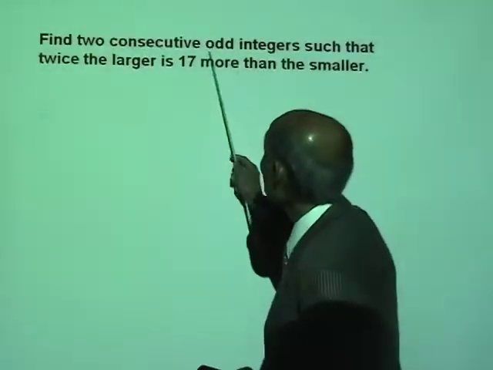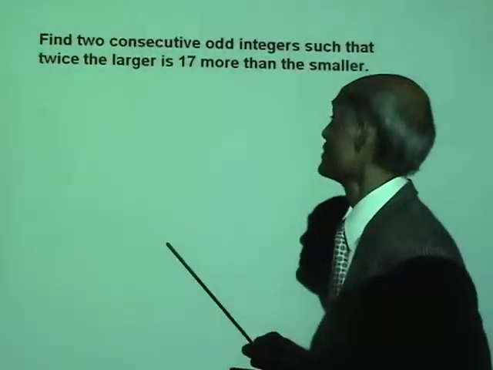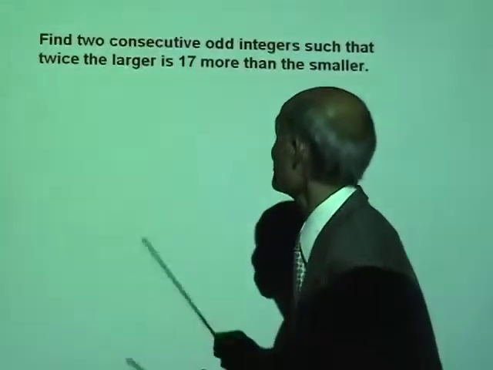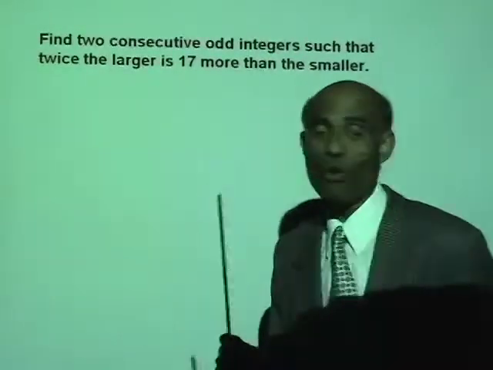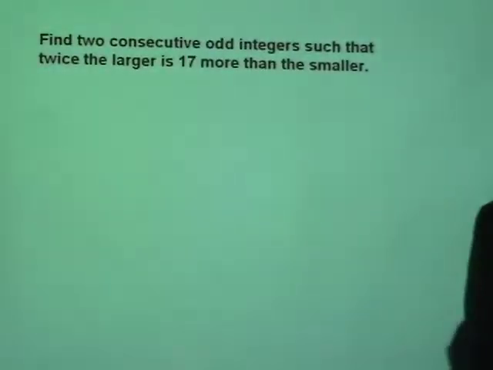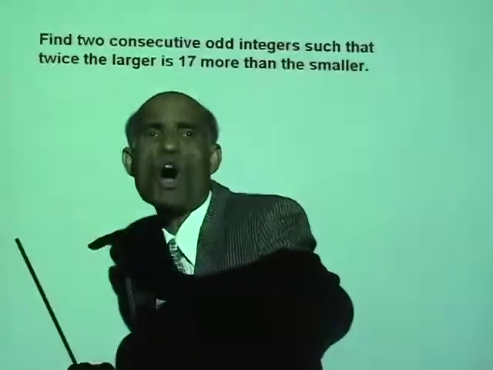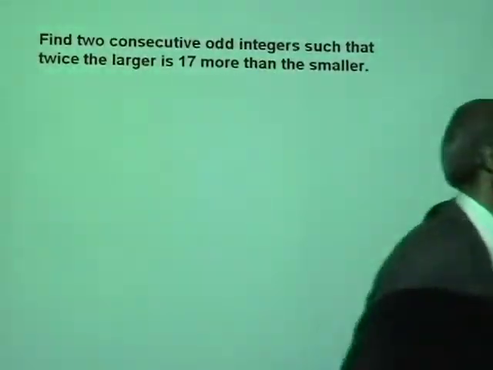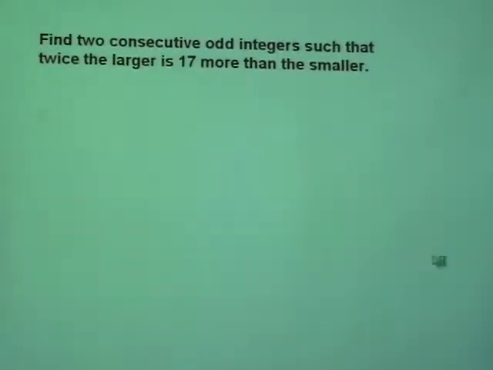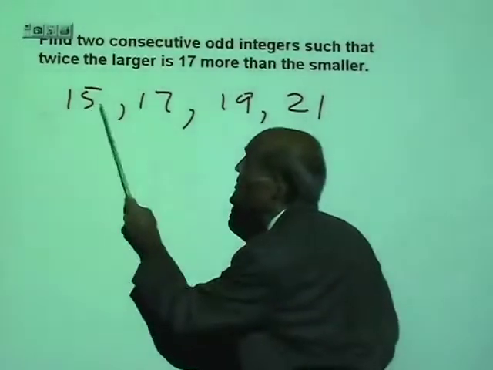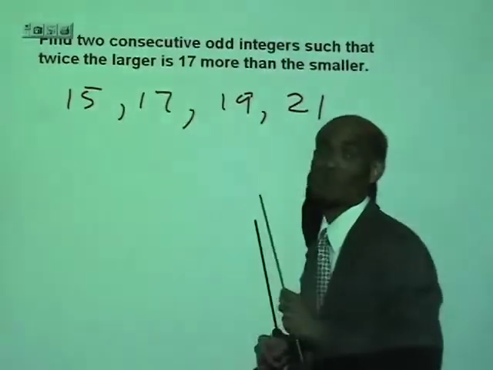Find two consecutive odd integers such that twice the larger is 17 more than the smaller. Now, what is the meaning of consecutive odd integers? Now, watch me write down some odd consecutive integers. Look at this. 15, 17, 19, 21 are some examples of consecutive odd integers.